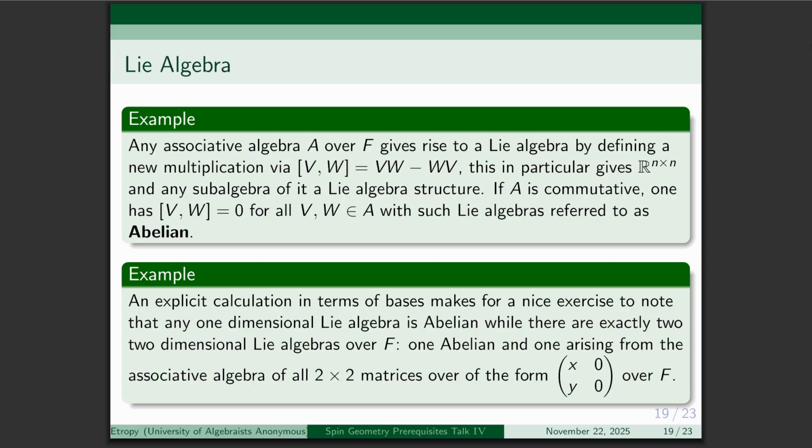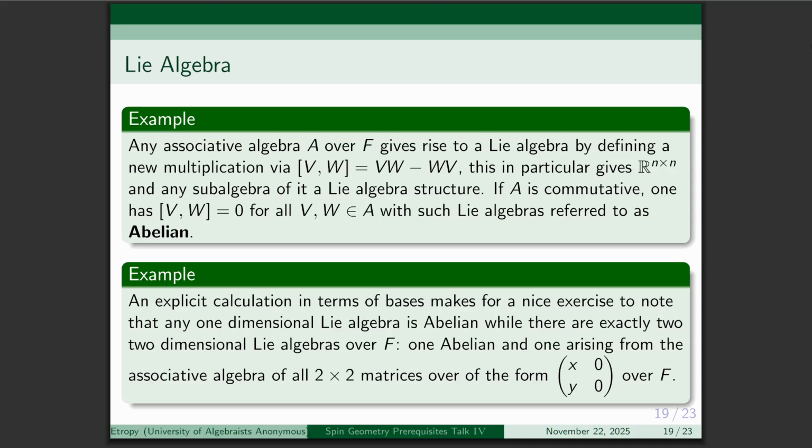That already shows you that the product of any two multiples of your base element is 0, which is exactly the product of any two elements of the algebra. In dimension 2, however, you get a non-trivial algebra, exactly one. So one abelian and one non-abelian. And it can be realized in this form. We take all these matrices. This gives you a subalgebra of 2 by 2 matrices over F. And interpreting that as a Lie algebra, you get a Lie algebra which is not abelian.